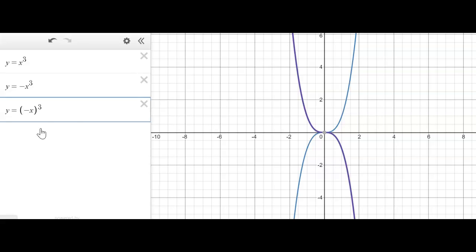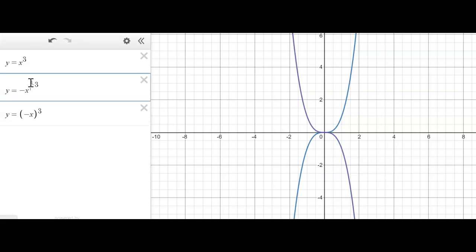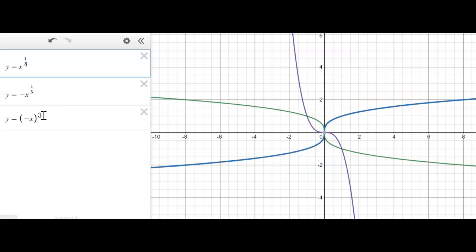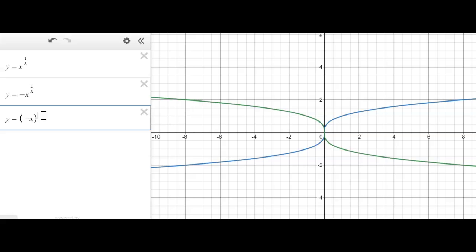All right, so there's a graph of the cubic, and let's do the cube root this time. Remember, the cubic and the cube root are inverses of each other. So you can see there that the reflection doesn't matter either.